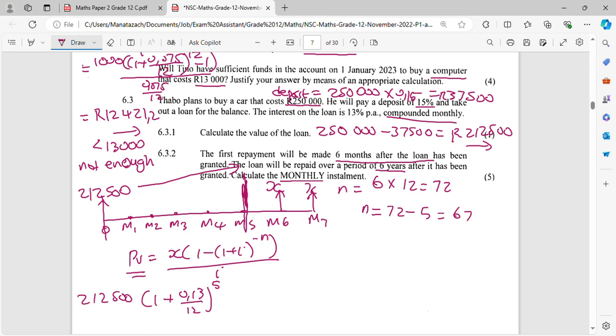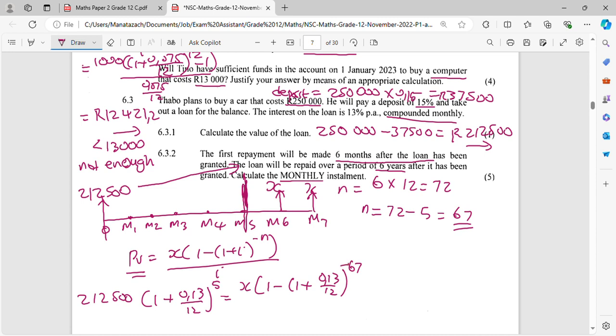So that will be the present value at month number 5, and then afterwards he will start paying an X amount. That's 1 minus 1 plus the same interest rate divided by 12, for the rest of the 6 years, which will be 67 payments.